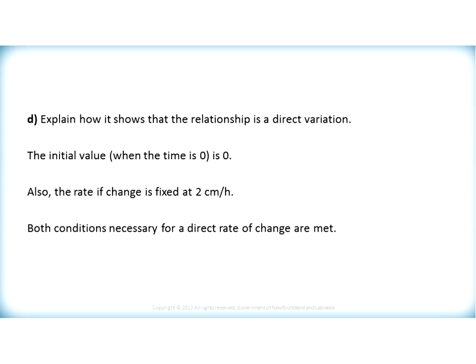So for every hour increase in our time, we're seeing the amount of snow increase by 2. This amount of snow is always going to be a multiple of the number of hours that have passed. So both conditions, having an initial value of 0, 0, and a fixed rate of change, are met for a direct variation.